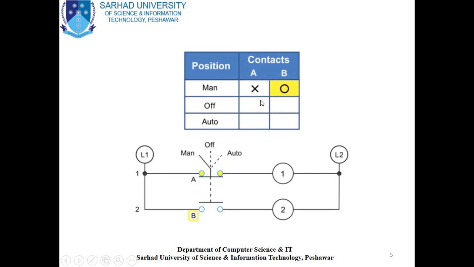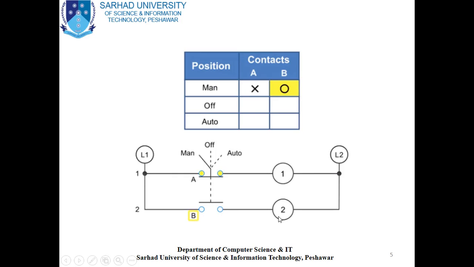Here you can see that position A is closed and B is open. O means open. Here you can see that the B position in the line diagram is open.